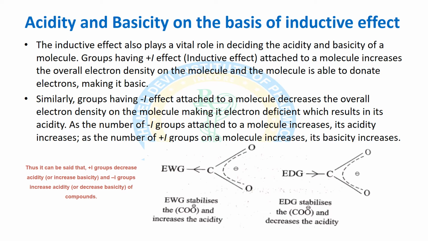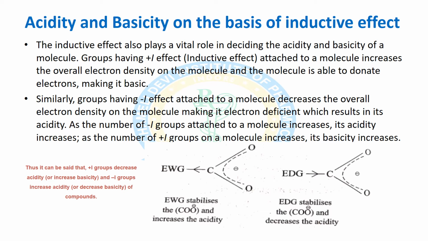Now, on the basis of inductive effect, we can explain the acidity and basicity of compounds. If you talk about an electron withdrawing group, for example, in the picture you can see the CO group and CO minus.